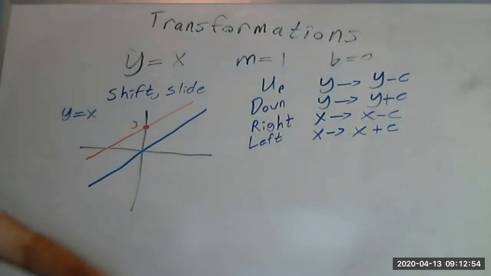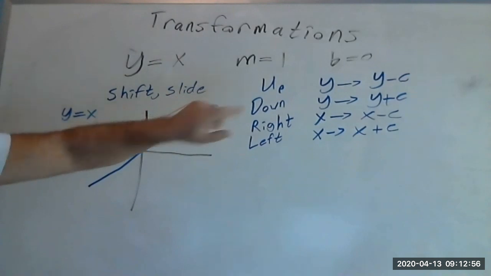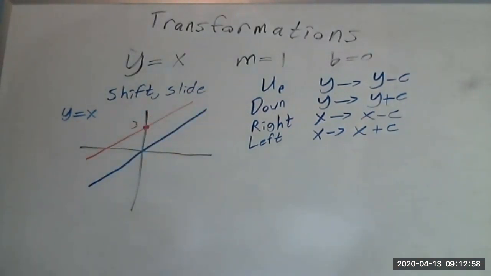If we go up, we need to subtract something from y. We have y equals x, and so then we go to y minus 3 equals x.